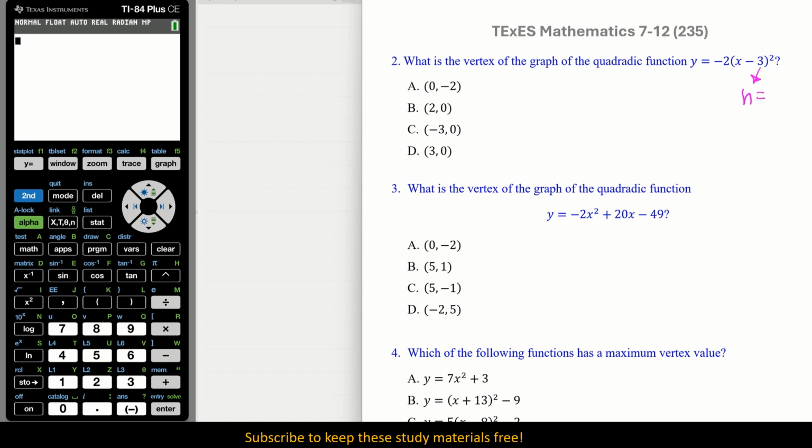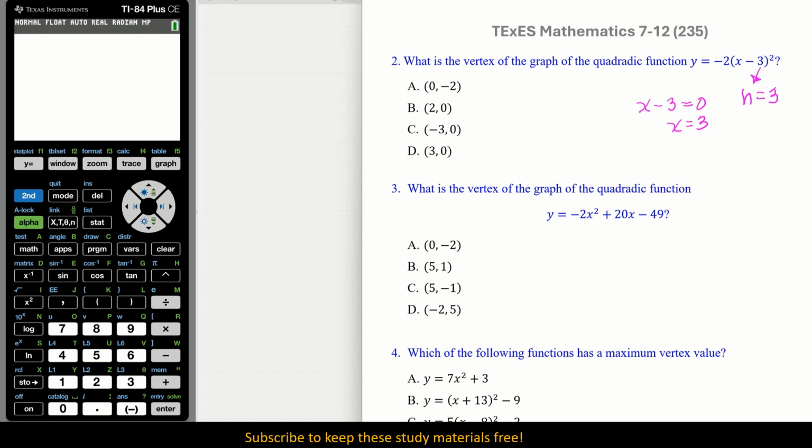Well, what does h really equal? Let's think of it as bringing it out of the parentheses, putting it equal to 0, so we know that h is going to be 3. It's 3. So that means that our first value needs to be 3.